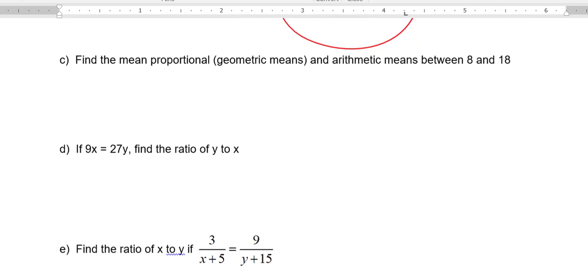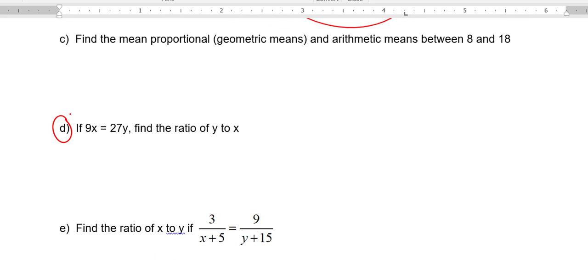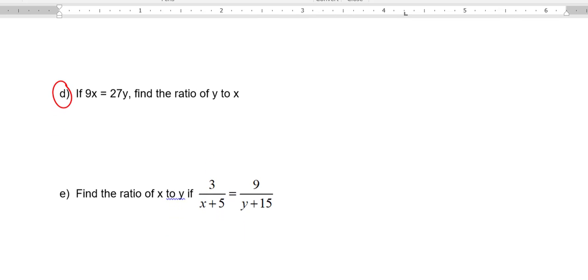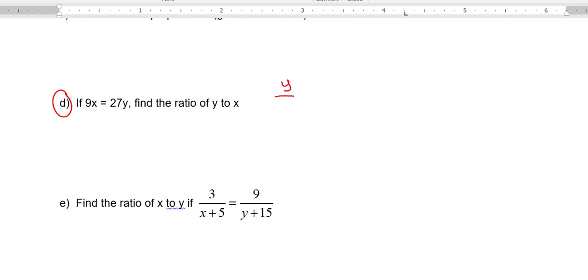Let's take a look at letter D here. If I want to find the ratio of y to x, and if I said x to y like this, it would be x divided by y. But we're looking for y over x, y to x.